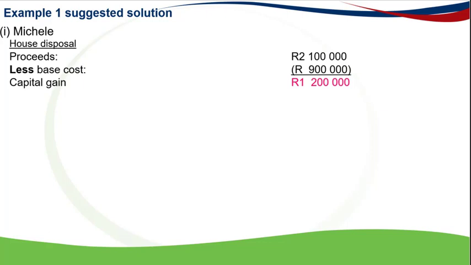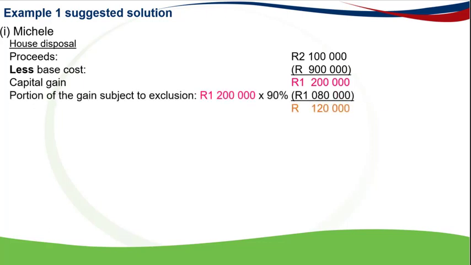10% of the house was used for trade and not domestic purposes, and therefore only 90% of the capital gain will be subject to the primary residence exclusion, resulting in a capital gain of $120,000.